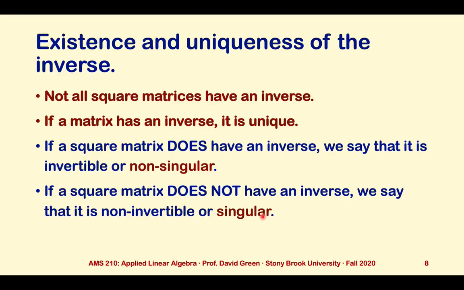Very important thing to keep in mind is the opposite nature of singular and invertible. Non-singular means it is invertible, it has an inverse. Singular means it is non-invertible, it does not have an inverse.